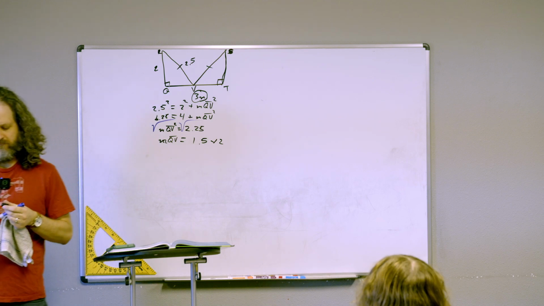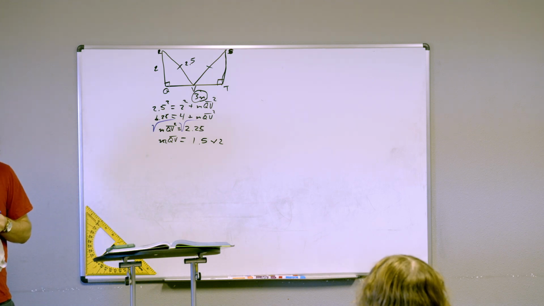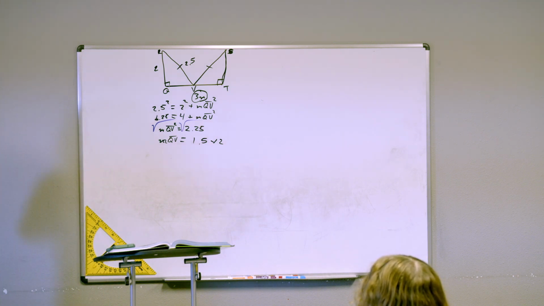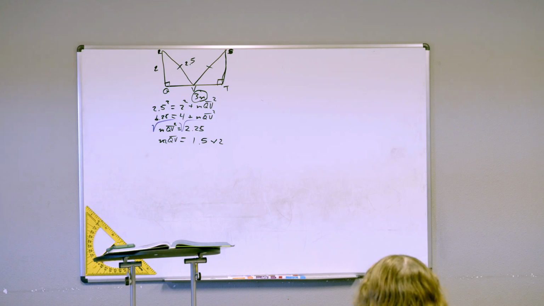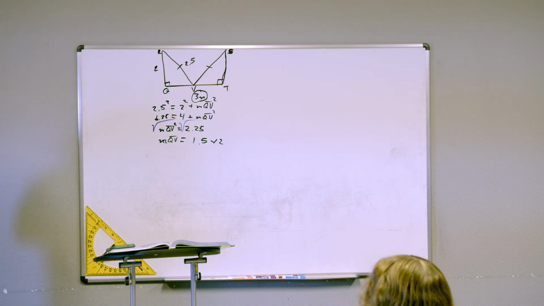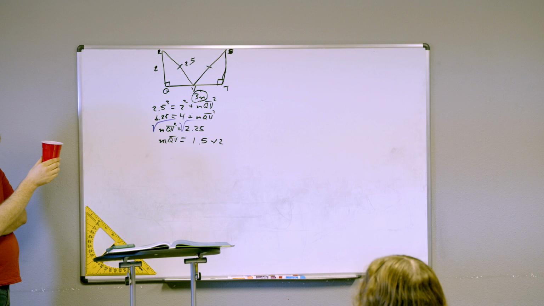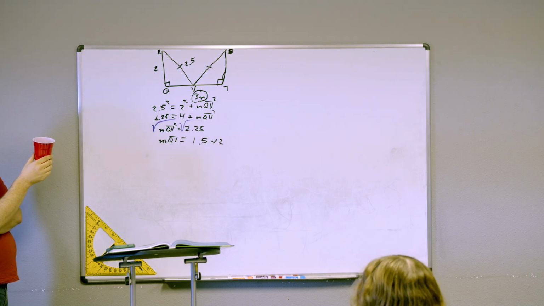I did the proof in part A wrong. I know I did. Wait, no, I didn't. I said that angle R and angle S are congruent because it says that triangle VRS is isosceles, so the base angles are congruent.